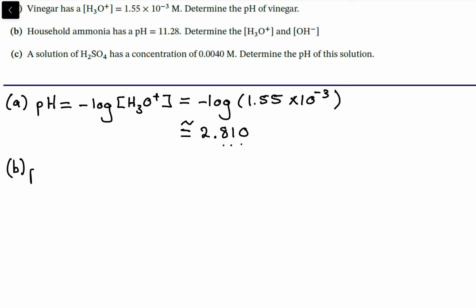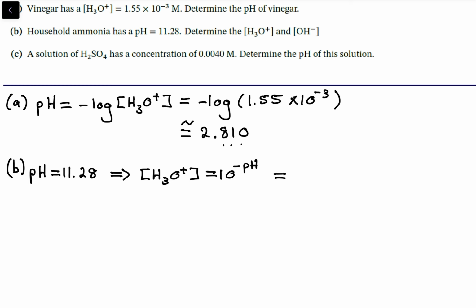Now, we can also work the opposite way. If the pH is 11.28, that means that the concentration of H3O plus is equal to 10 to the power minus pH.